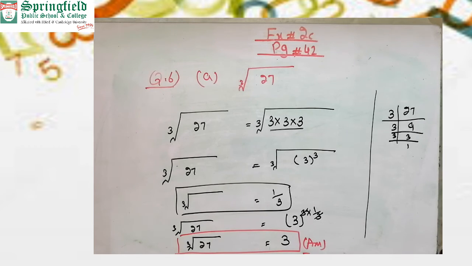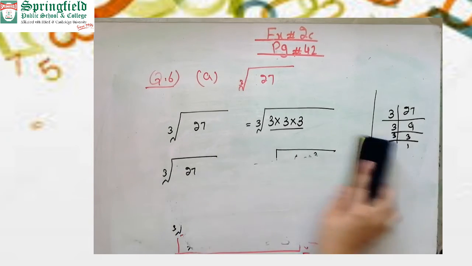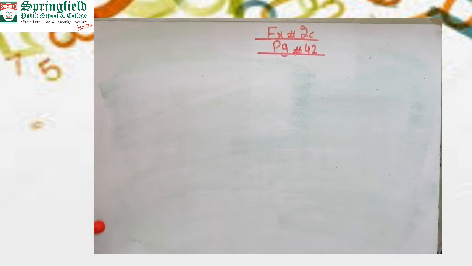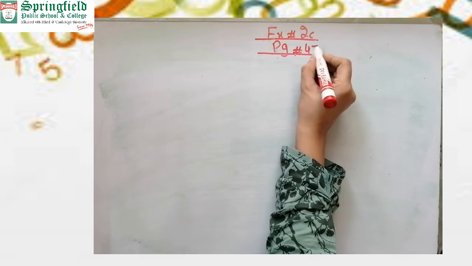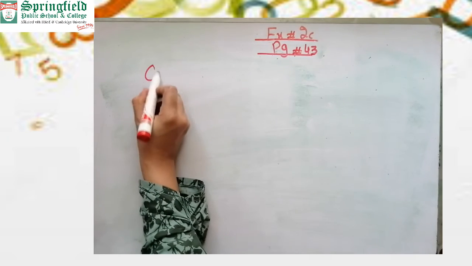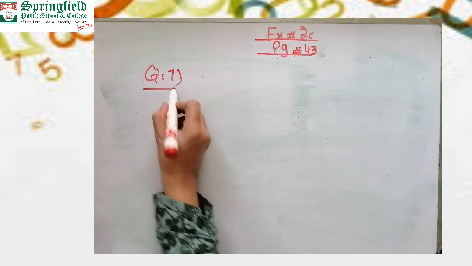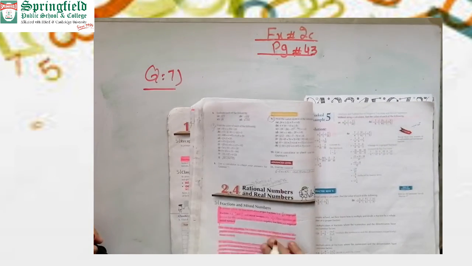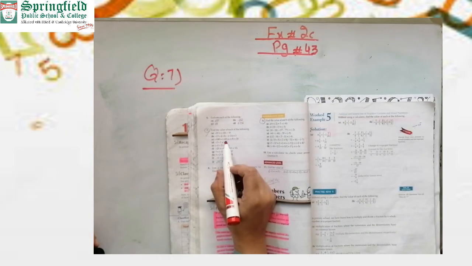Now come on the question number 7. Page number 43. Question 7. And in question 7 they are saying that find the value of each of the following.